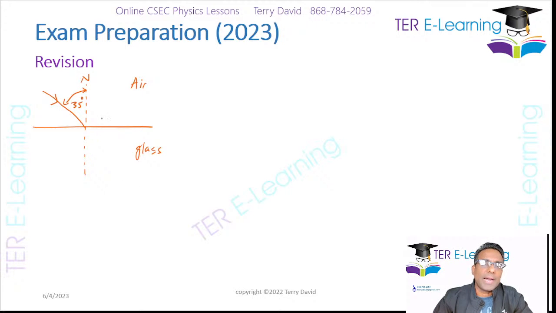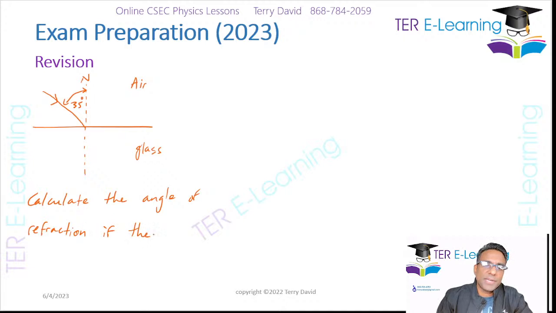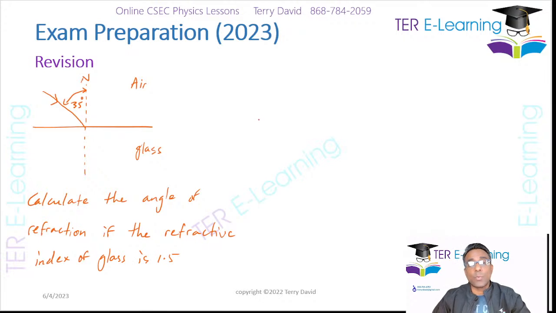And I want to calculate the angle of refraction, if the refractive index of glass is 1.5. So the refractive index of glass is 1.5, and I want to calculate the angle of refraction.